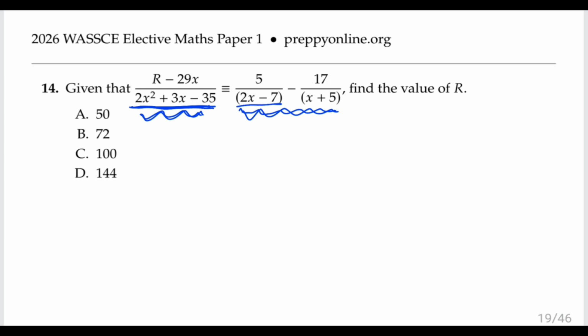If you realize, this denominator, 2x minus 7 times x plus 5, is equal to that. So let's do the expansion just to confirm. So 2x minus 7, then we have x plus 5. If we multiply these together, what do we get? 2x times x, that's 2x squared. 2x times 5, that's 10x.